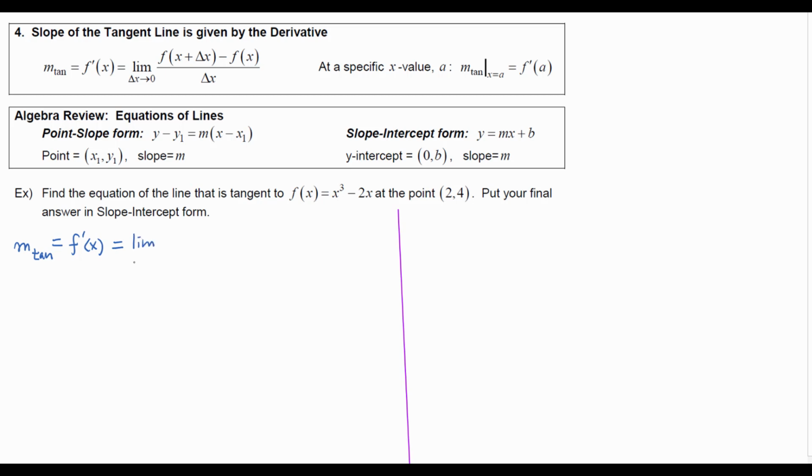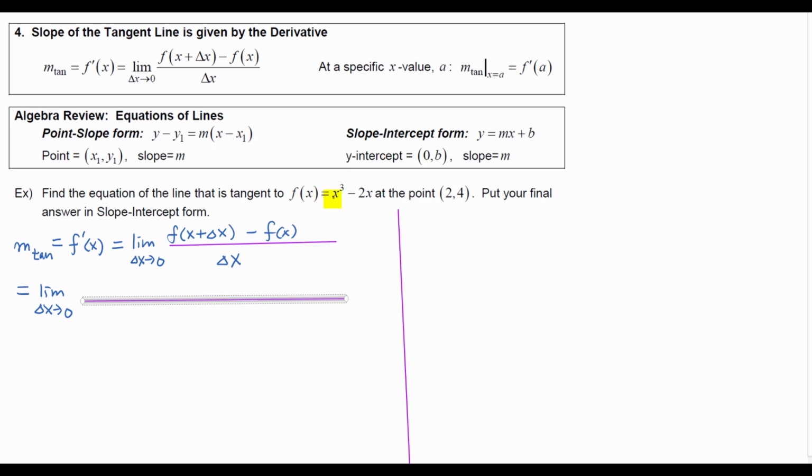And that is limit as delta x approaches 0 of f of quantity x plus delta x minus f of x over delta x, which is equal to limit as delta x approaches 0. And now my function f of x is whatever the input is, I need to do the input cubed minus 2 times the input.